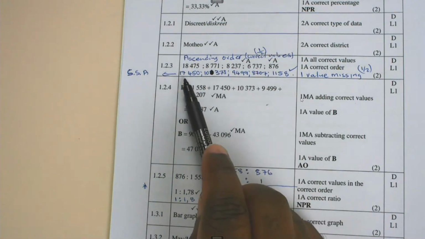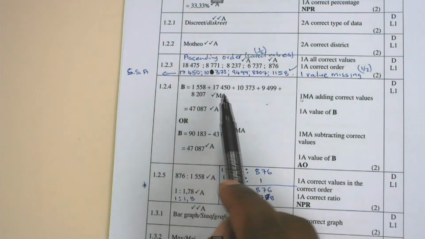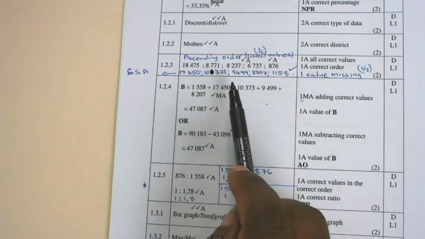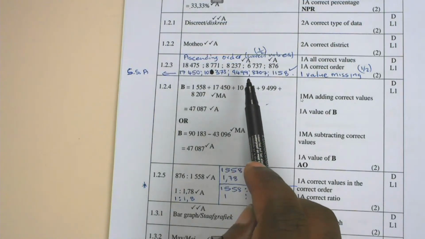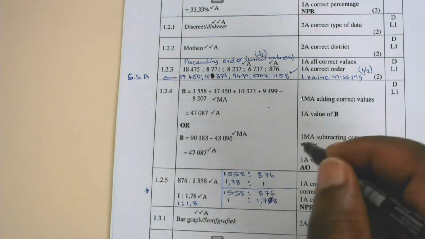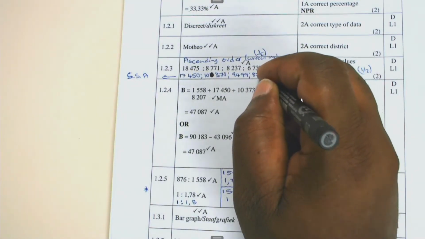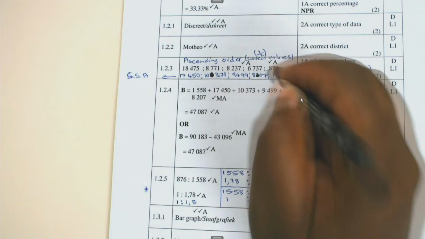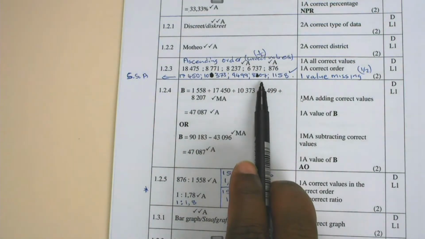The numbers should be 17,450, followed by 10,373, followed by 9,499, followed by 8,207, sorry for that. Correct that, it's a 2 there: 8,207.